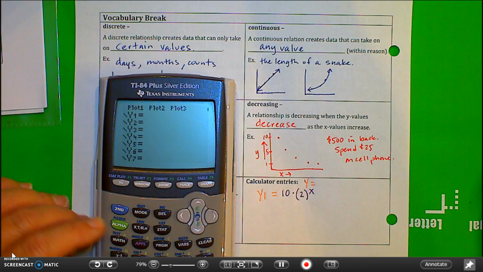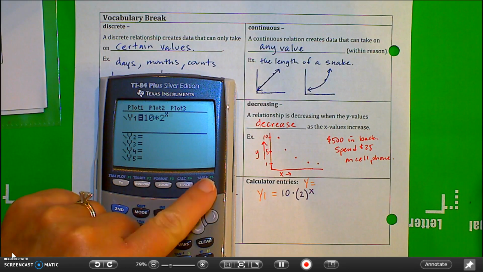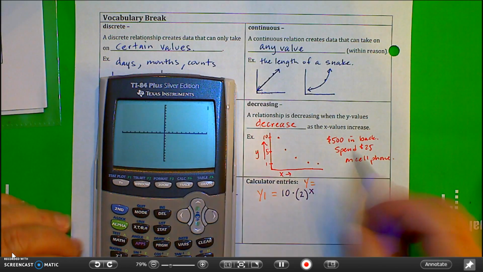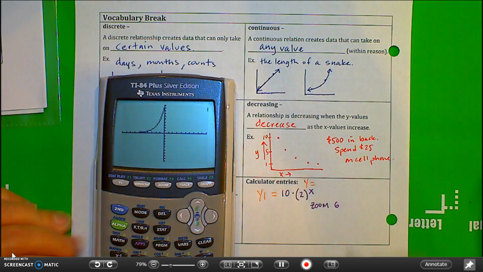So we'd have 10 times 2 raised to the x power. And then you could graph that. I'm going to do zoom 6 for a standard view. Okay, and you can see what that graph looks like there.